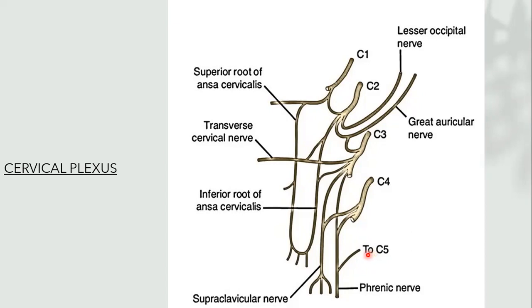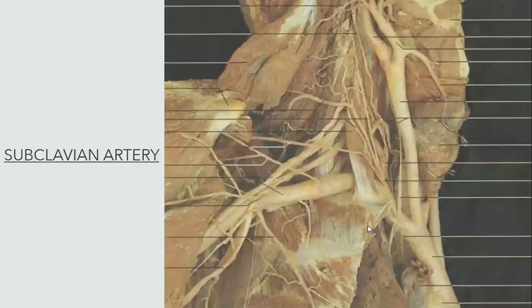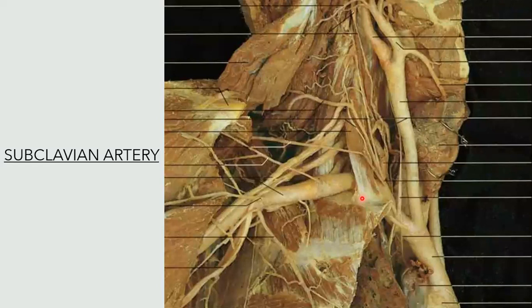Okay, so this is the subclavian artery. In this case, this is the right subclavian artery. So where did the right subclavian artery come from? It came from that. That is your brachiocephalic trunk. And then this brachiocephalic trunk divides to give you the right subclavian artery and the right common carotid.